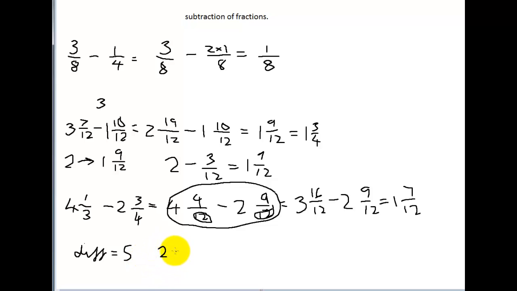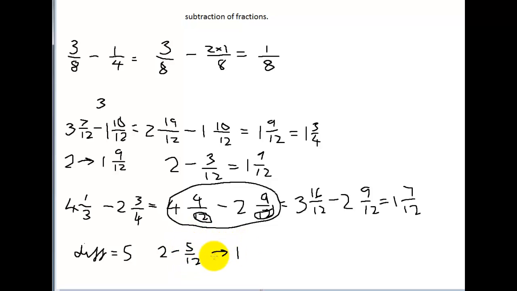Basically you've got 2 minus 5 over 12, and you can write that if it makes it easier for you. But what you can also do is take 1 more off the 2 to leave you with 1, and then you add 12 over 12 minus your value of 5, which leaves you 7.